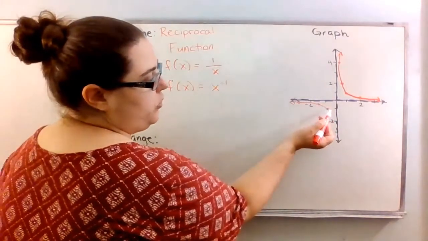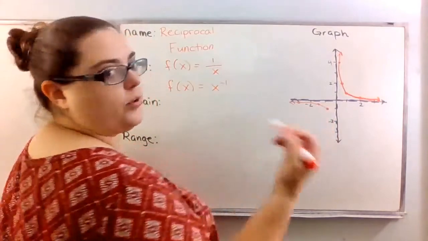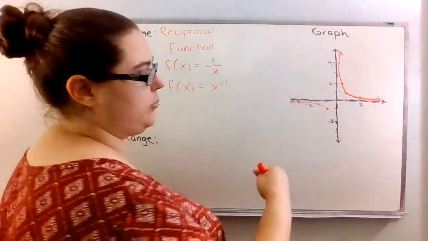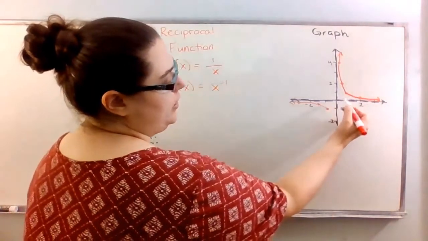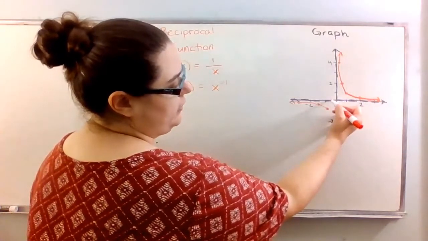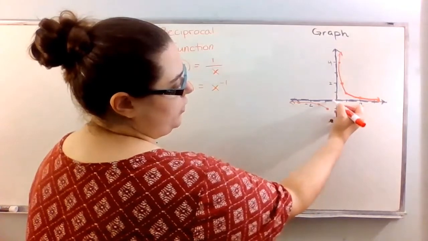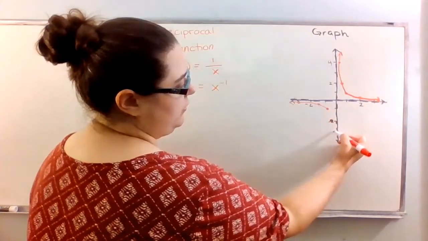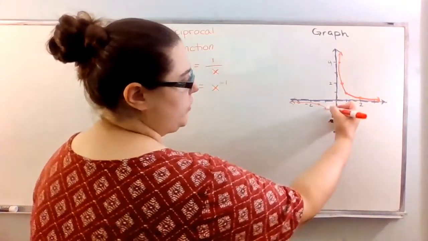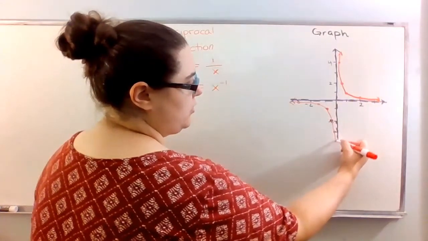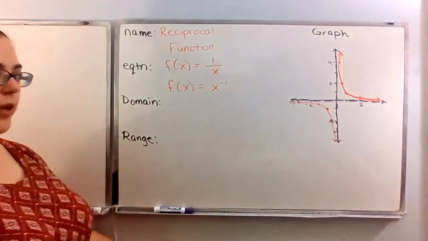And as I move from 1 over to 0, we're going to get a similar vertical asymptote happening. So as I, let's pick -1/2, that's going to bring me to -2. And -1/3 is going to bring me to -3, and so on. So we're going to get closer and closer to the y-axis in that way.